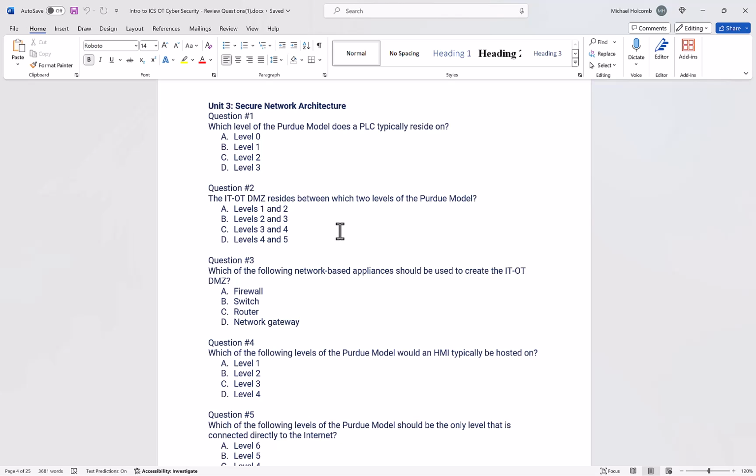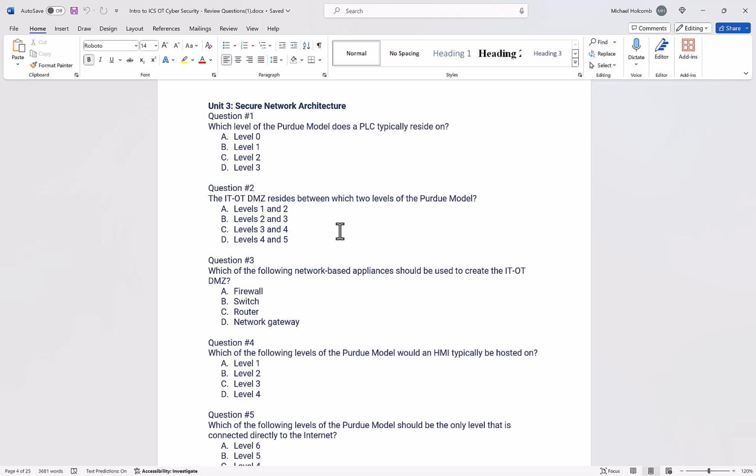We've talked about the basics of control systems, the different types of systems, and some protocols, and we covered all those in the first 2 units. In unit 3, this is where we actually start talking about how we secure our ICS/OT environments. For me, the number one place to start is secure network architecture.